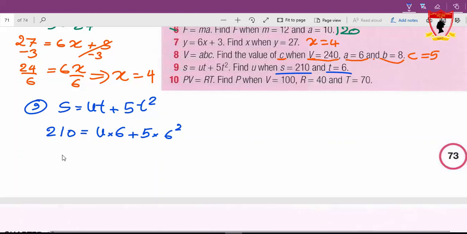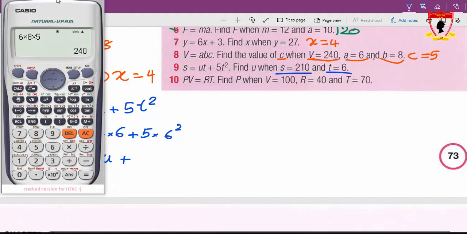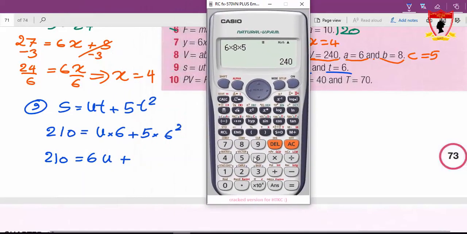Now let's simplify. 210 on the side. U times 6 simply is 6U plus 6 to the power of 2 is equal to 36. 36 times 5 is 180.